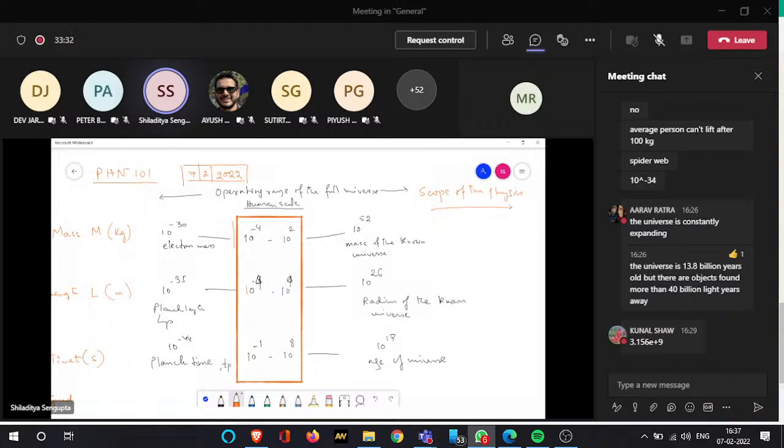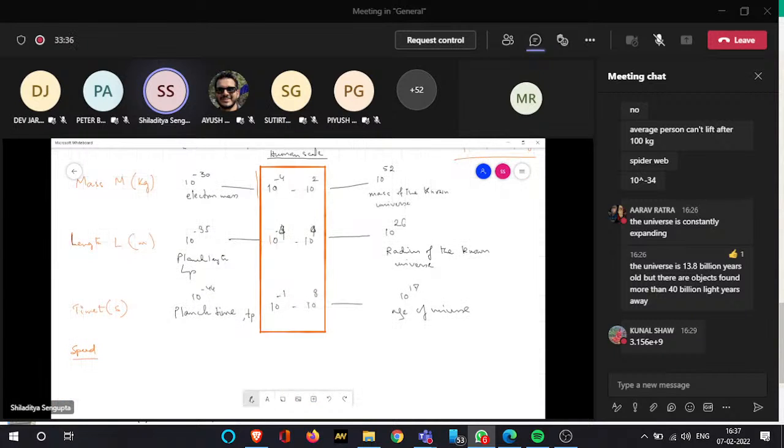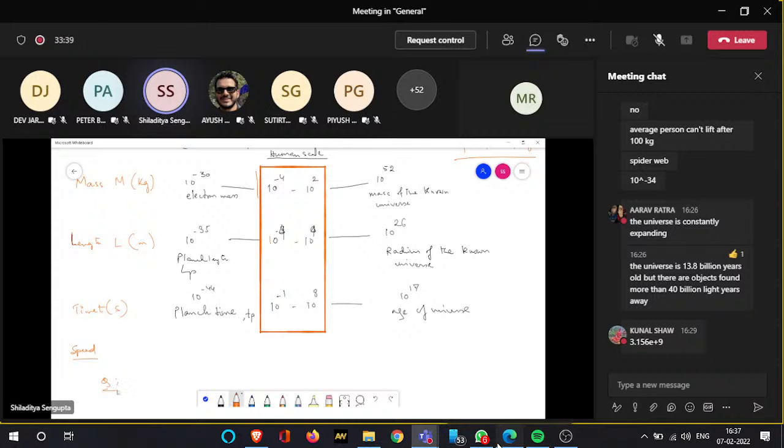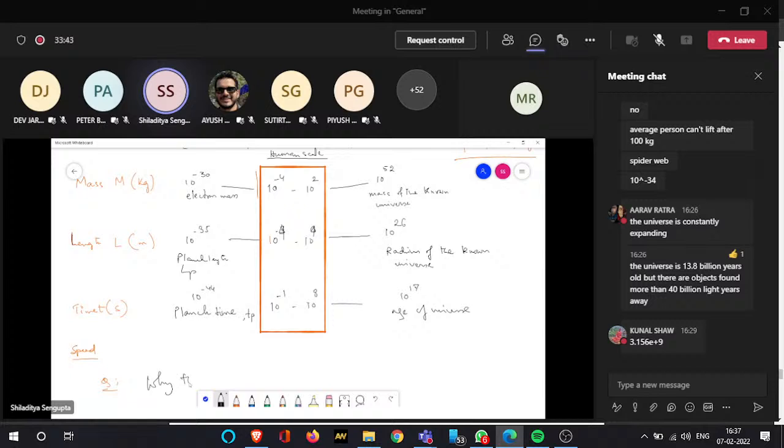And the other question one can ask is why the human scale is in the range it is. Why this particular window?